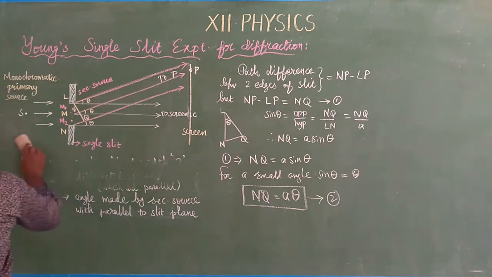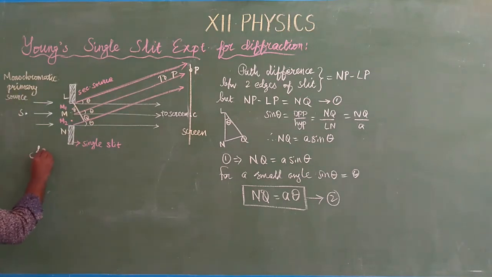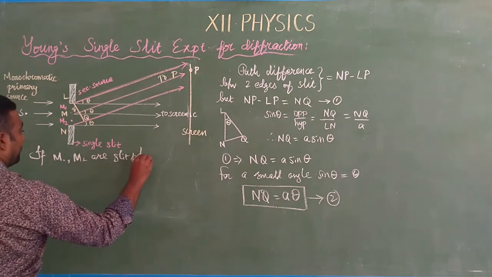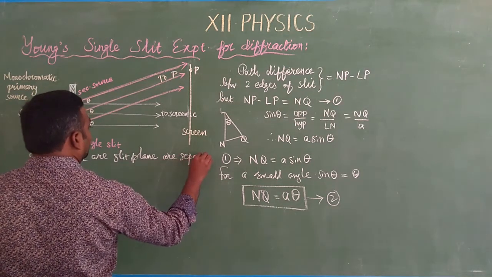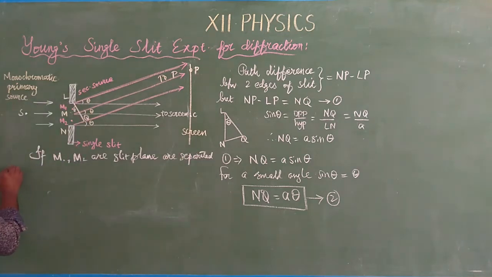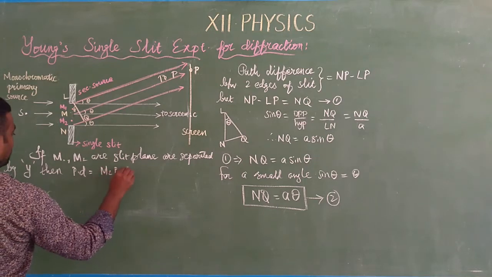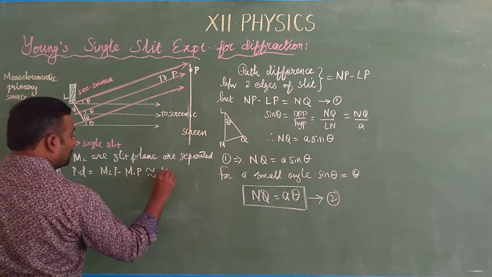Also, if M1 and M2 are separated by a distance y. Just as we said the width of LN is a, the distance of separation of M1 and M2 is y. Then what will the path difference be? The path difference is M2P minus M1P, in the same way, which is approximately equal to y theta.